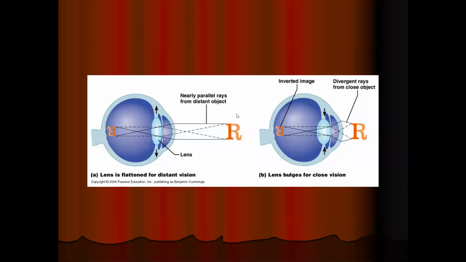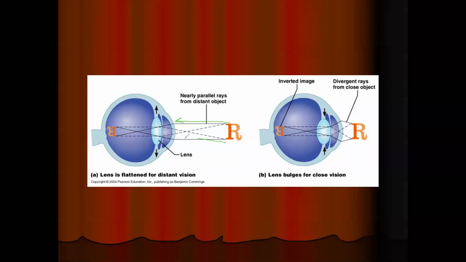All right, so here's what's happening when you're looking at things far away and when you're looking at things close up. Let's take a look at the angle of the light rays when we're looking at things far away. Here you can see the light rays are coming in pretty straight. What this is showing is that what is at the top of the image you're looking at, when it comes into your eye, the lens is going to invert it because lenses do that.